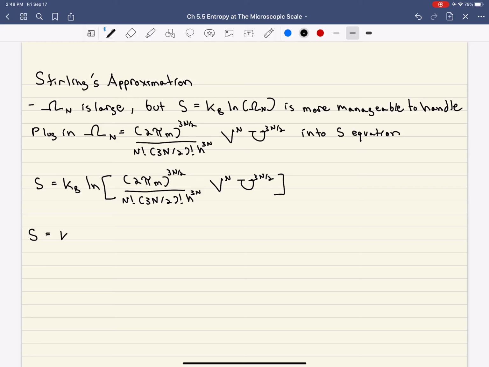So I'm going to rearrange the formula a little bit and split up the terms that have a factorial. Oh wait, no. This is squared, but this is to the 3 halves.